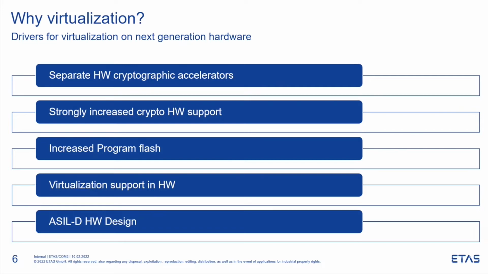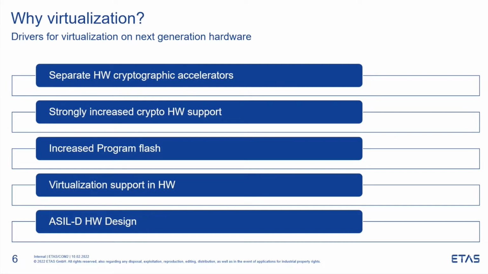Then we also have an increased program flash, which then can be used to set up a virtual environment in addition to supporting more and more features here. Then we have the virtualization support in hardware. Of course, this is a quintessential feature to set up a virtual environment, and all the new generation targets support this in hardware.